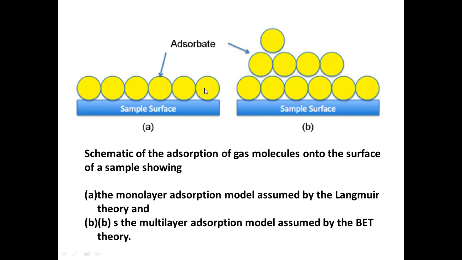Here, this is also the adsorbent, but this is the first layer, the monolayer, and then the second layer and third layer and so on. That's why this is called multi-layer adsorption, which we will study in the BET adsorption system. This is the only difference between the Langmuir adsorption isotherm and the BET isotherm.